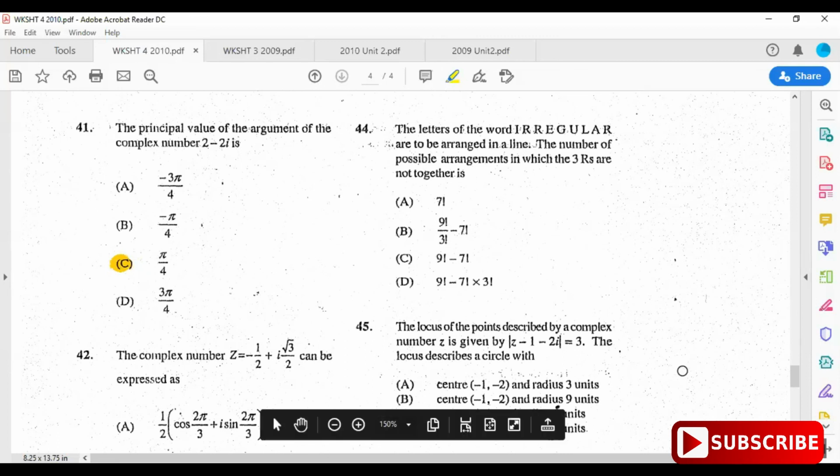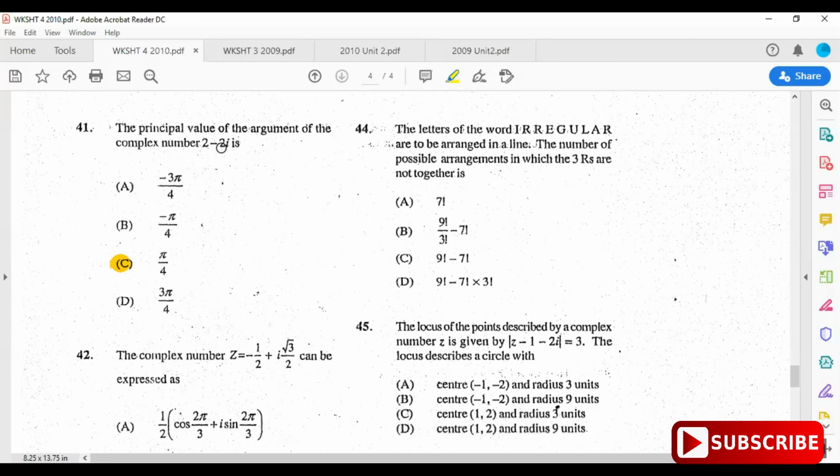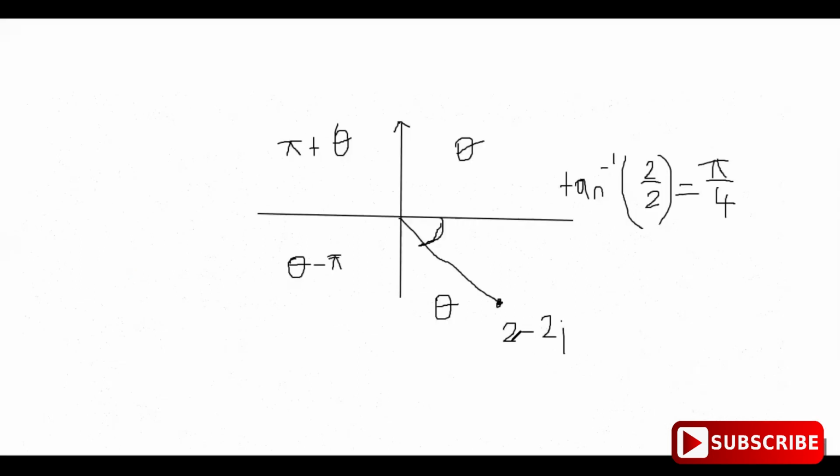I thought it would be negative pi over 4 still, no? Yeah, that's what I got in the calculator. Yeah, because what you do is put tan inverse of negative 2 over 2 in the calculator. But I'm saying this is not trigonometry.